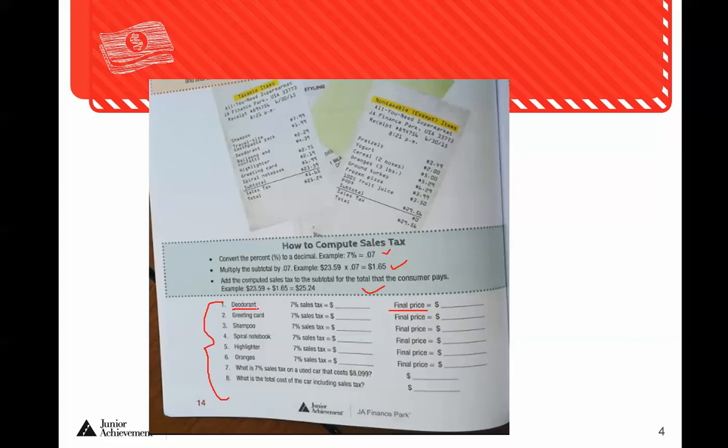The first question says deodorant, so we're going to look up here in the receipt, and it looks like deodorant is $2.29. So you're going to take $2.29 and multiply it by 0.07, and that is going to give you about 16 cents.